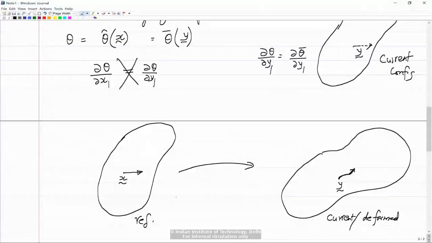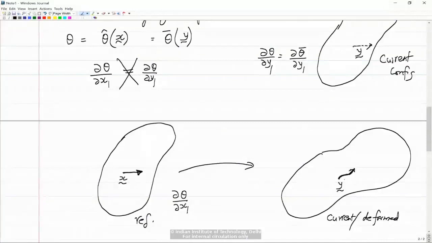So when we find del theta by del x1, that means we want to move along the horizontal line in the reference configuration and find out how temperature is varying. That is the same as moving along this particular line in the deformed configuration, where you then have to move along this curved line.